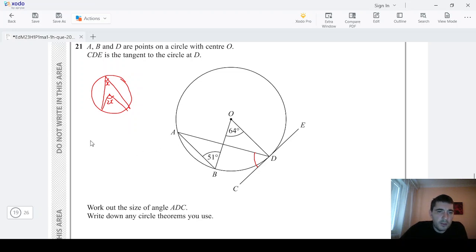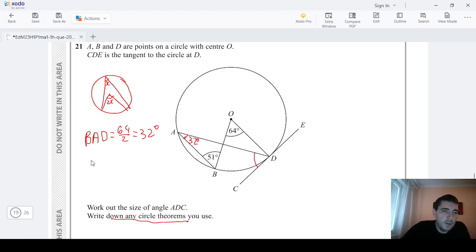from the circumference. Okay, so we've got the angle at the center. From there we can say that angle BAD is half of 64, which is 32 degrees. So angle BAD equals 64 divided by 2, which is equal to 32 degrees. And it asks to write down any circle theorems you use.